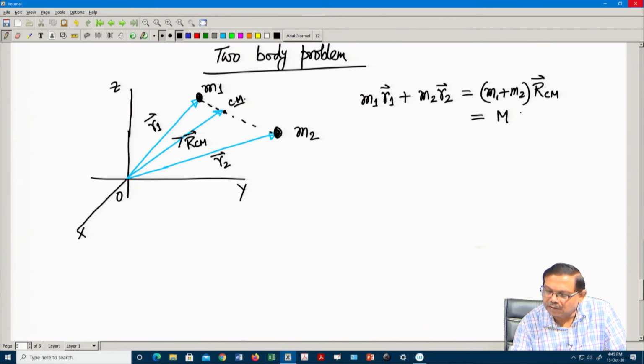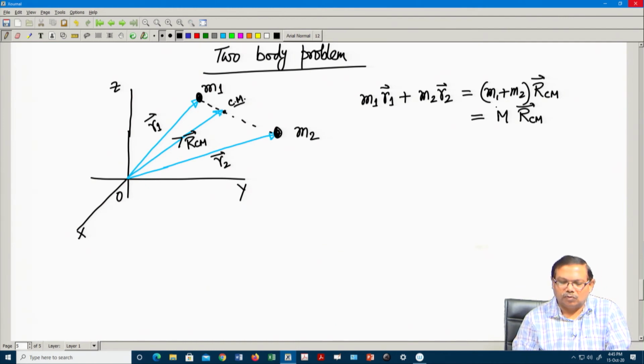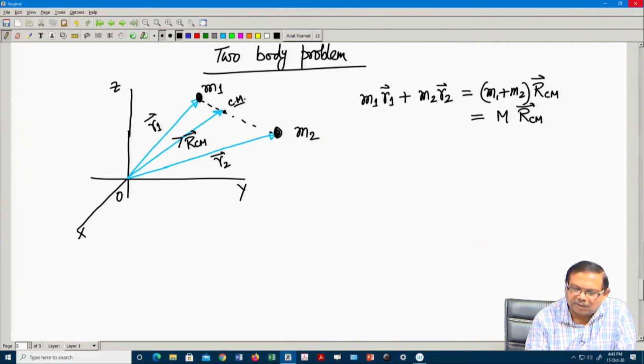So, we can say this is capital M, right. M is m1 plus m2, the total mass. The total mass may be considered at a point called center of mass, and the position coordinate of that is given there. Okay.